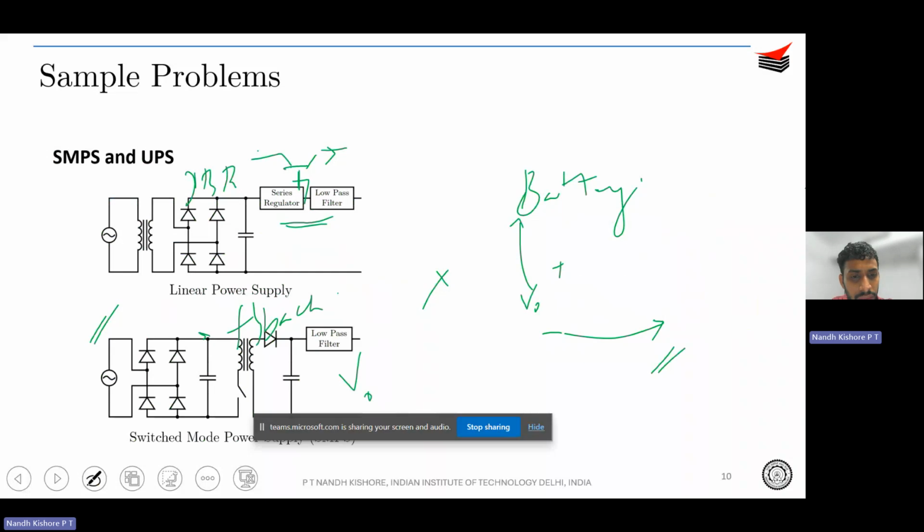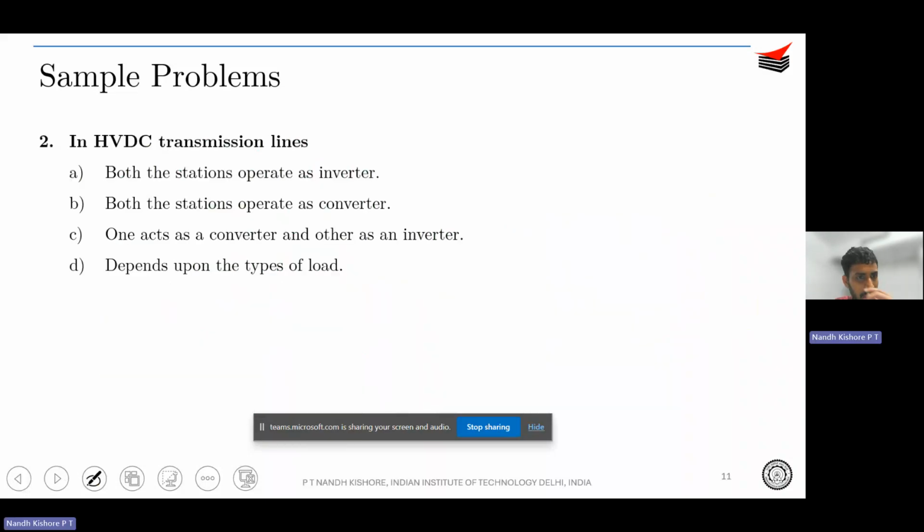In HVDC transmission lines, both these stations operate as inverter, both these stations operate as converter. One acts as a converter and the other as an inverter, depends on the type of load. So in an HVDC transmission line, how does the system operate? Okay, so you understand that you have AC coming over here, typically let's say 50 hertz, correct?